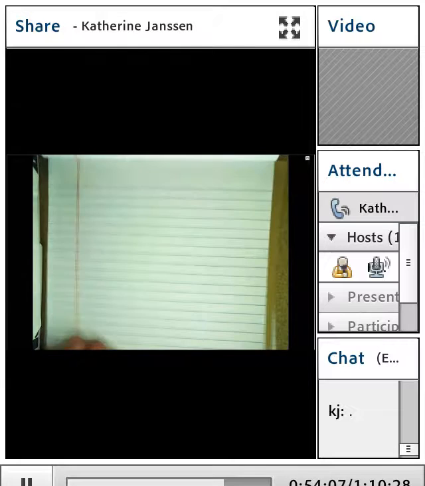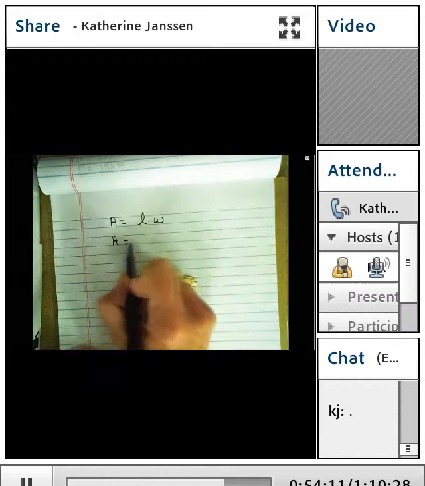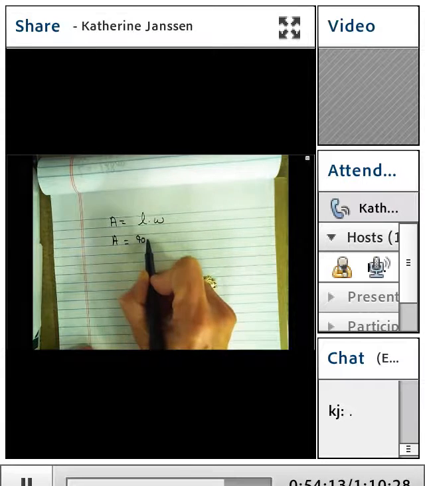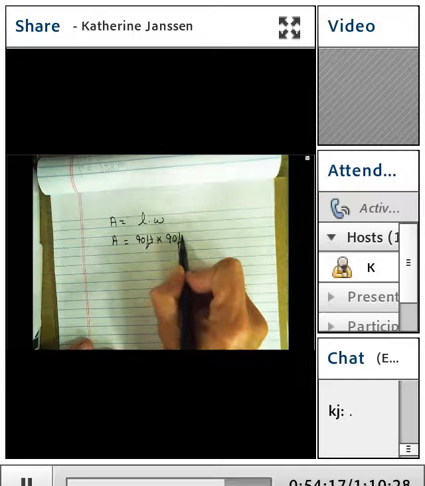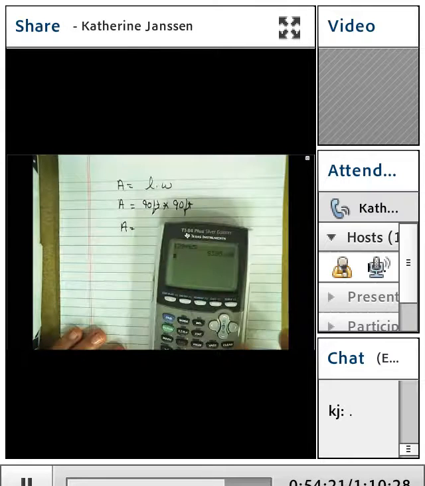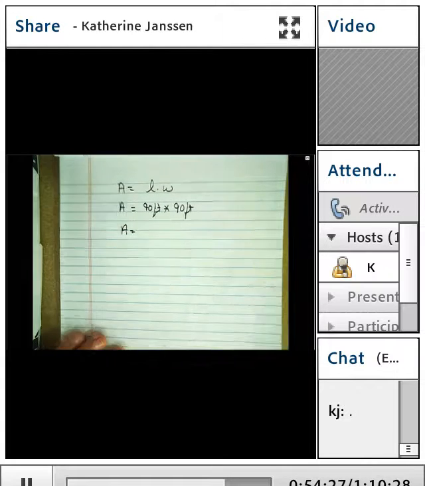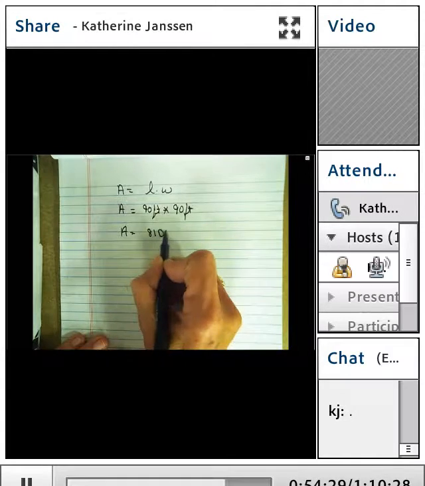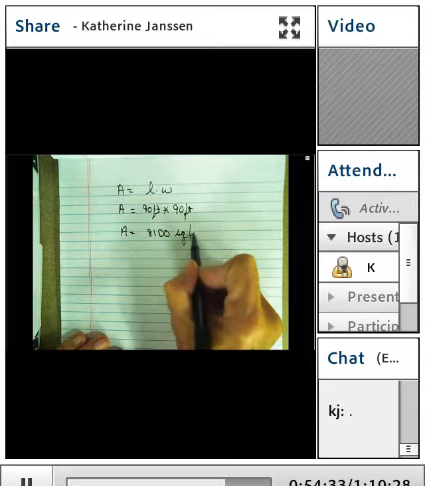So the area is equal to the length times the width. The area would be equal to 90 feet times 90 feet. 90 times 90 is 8,100. And feet times feet is square feet.